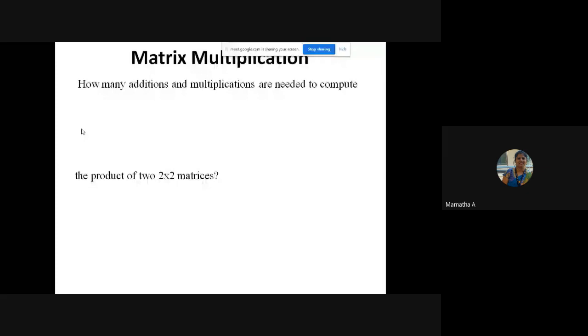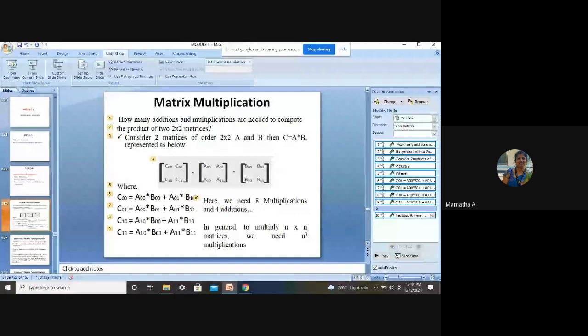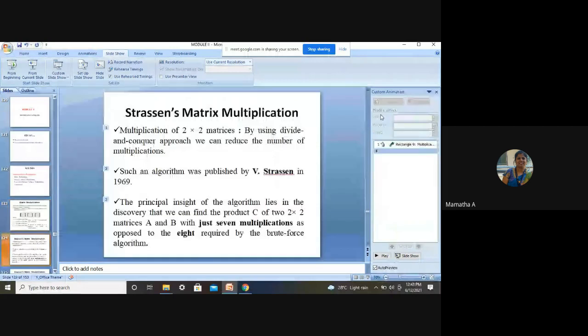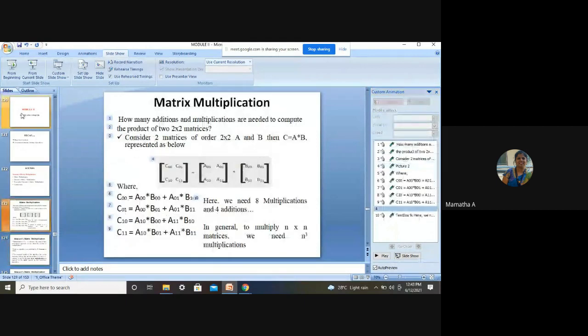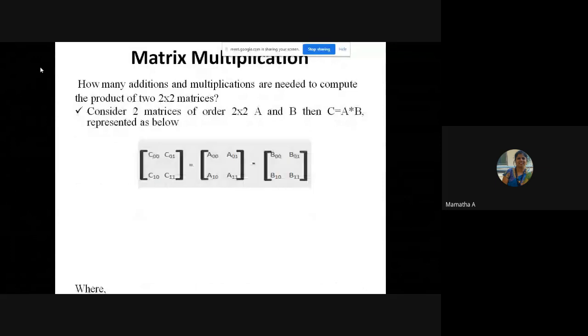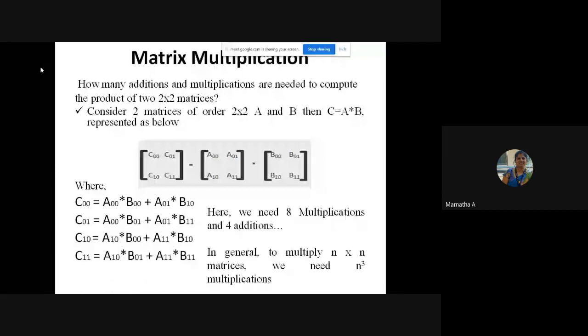Yes, one second, students. Let me first tell you how many additions and how many multiplications I need to compute the product of two cross two matrices. Where is this? One second.